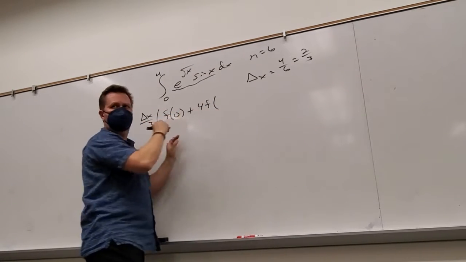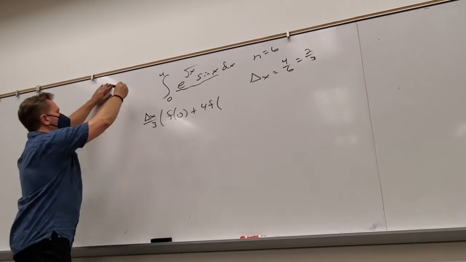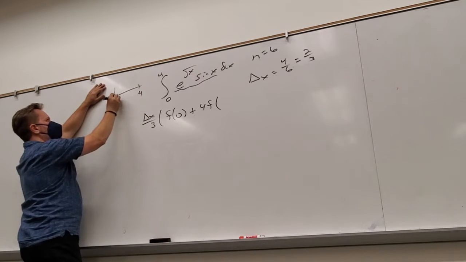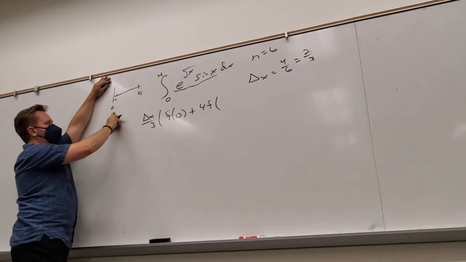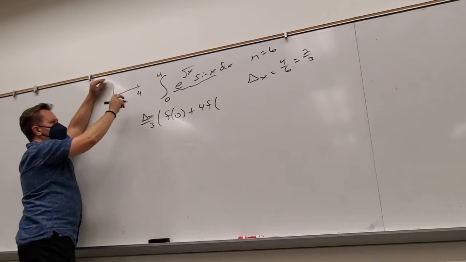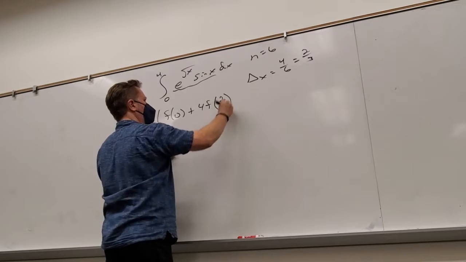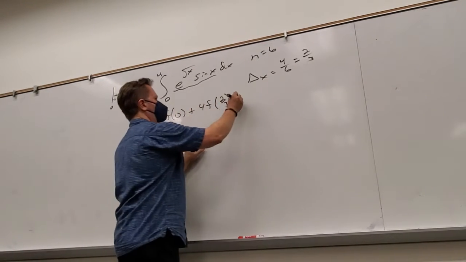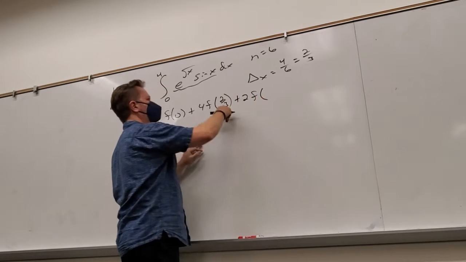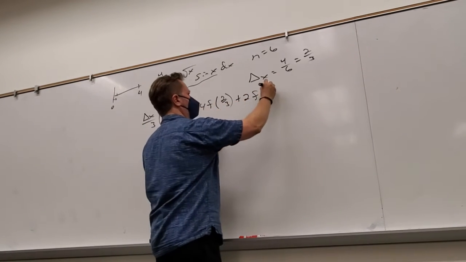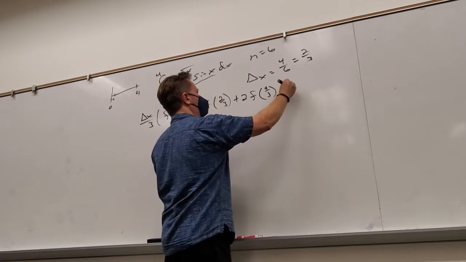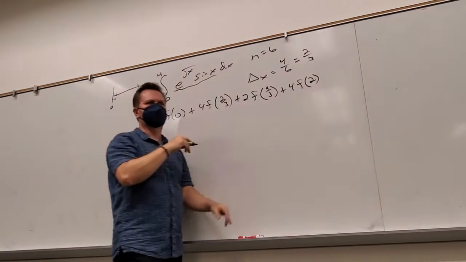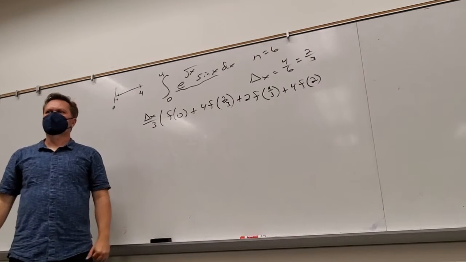If you need a visual aid, we're going from 0 to 4, but every step I'm taking is 2/3 big. So the first input is 0, the next input goes up 2/3. Plus 2 f of the next one, 4/3, plus 4 f of 6/3, known as 2. We're halfway there.